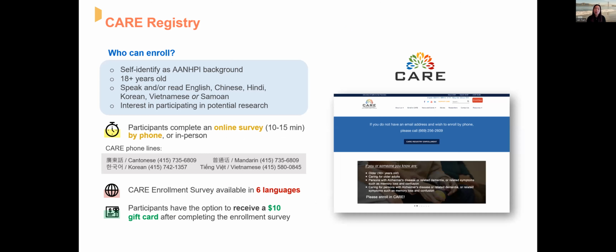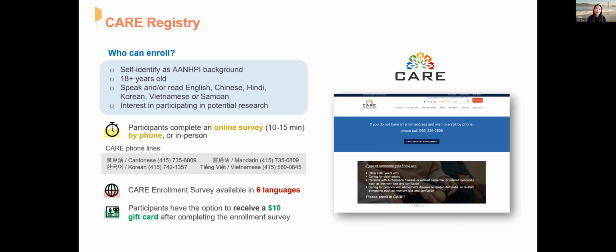So just wanted to share, who can enroll in the registry? It's very, very simple and straightforward. Anyone who self-identifies as Asian American, Native Hawaiian, and or Pacific Islander, they must be an adult. The reason why the age criteria is 18 years and older is because we have caregivers of all generations and ages, right? They must speak and or read English, Chinese, Hindi, Korean, Vietnamese, or Samoan. And for Chinese, for the writing, it's simplified or traditional, and the spoken language includes Mandarin and Cantonese.